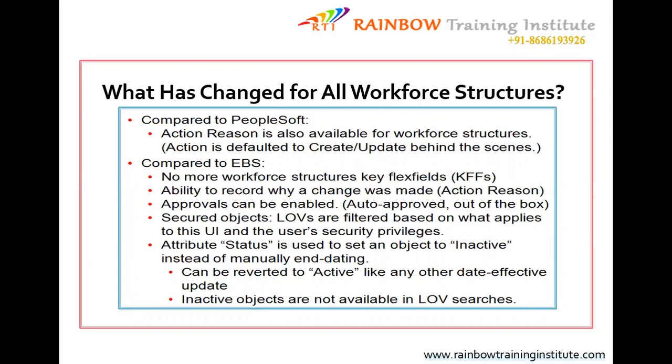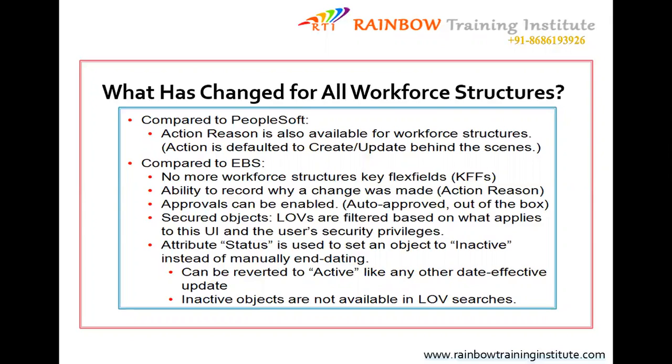In EBS, we have very limited approval business processes where approval management is enabled, where once you initiate the transaction, you can route to a manager approval or an HR manager approval or something like that.